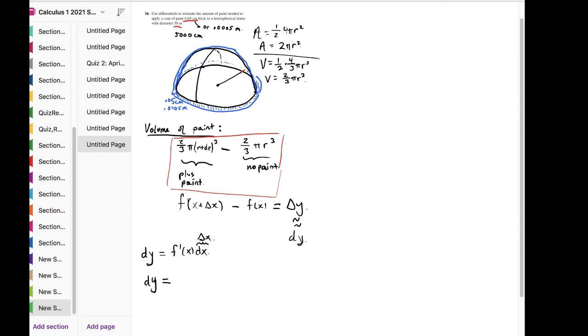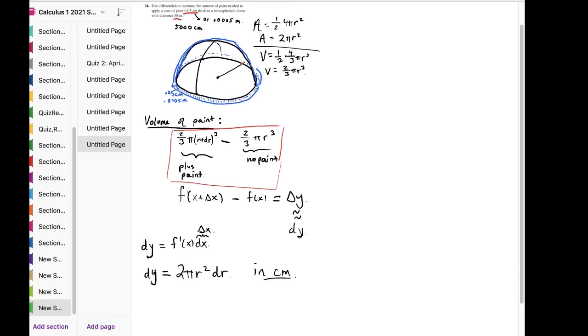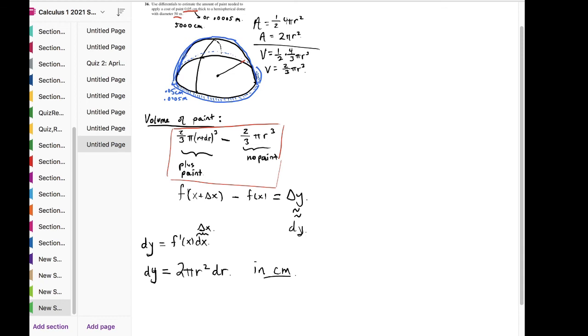Two pi r squared, yes. So 2 pi r squared, and let's use our dr. Okay, so now we have to make a choice, right? Do we want meters or centimeters? So now I'm thinking meters might be better, since we don't have to square large numbers. So let's say in centimeters. Oh, sorry, I mean in meters.